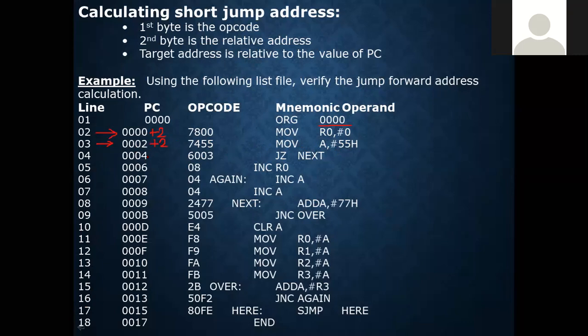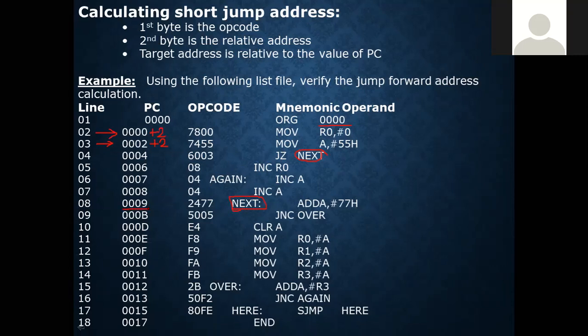So the next memory location indicated by the program counter will be 0004. Now comes the JZ next. Okay, now where is next? Next is, we can see this location. Okay, so the memory location is 0009.